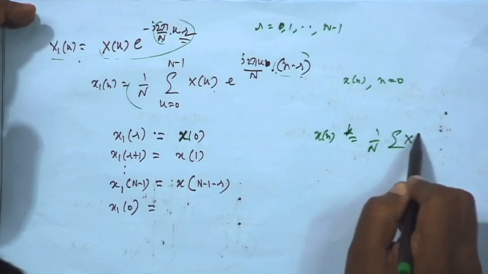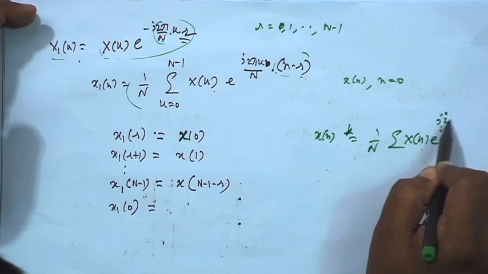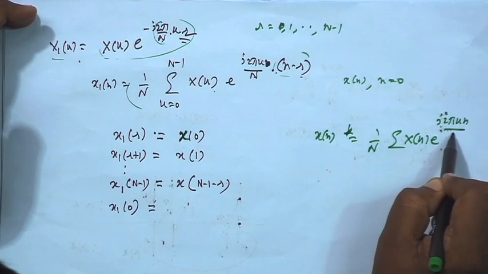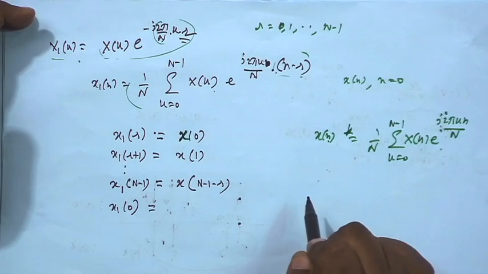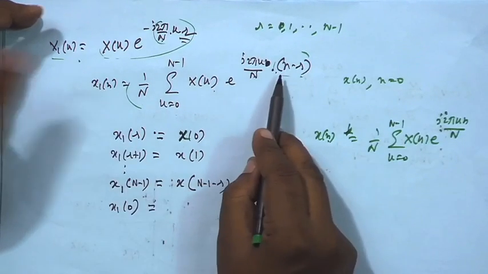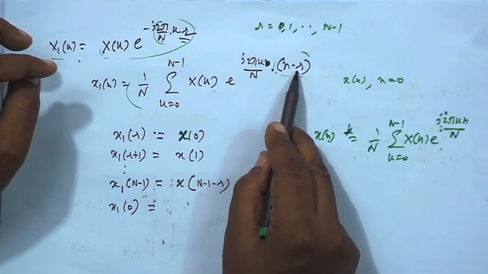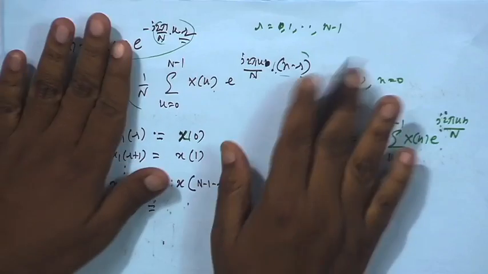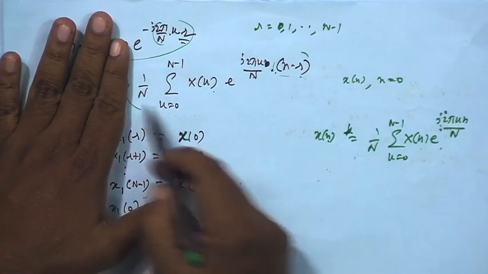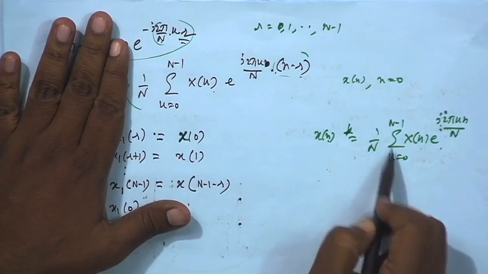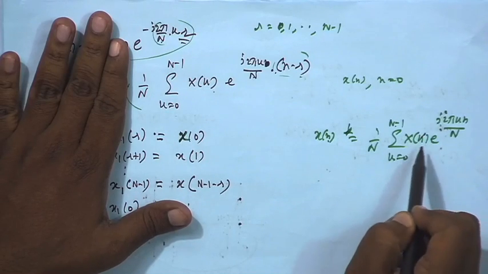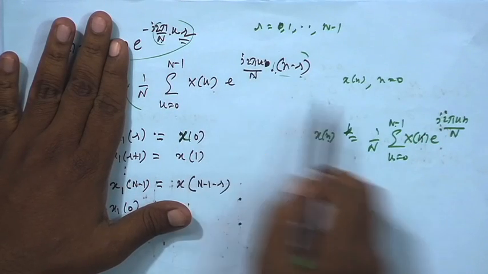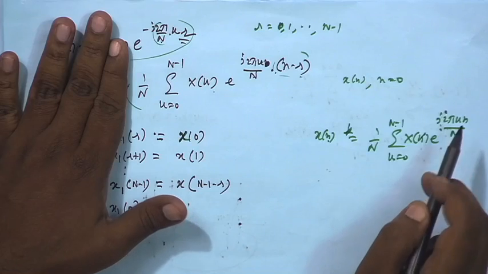That was x k e to the power j 2 pi k n by n summation over this. So, x 1 r means small n is r here, r minus r is 0. So, this summation is what? 1 by n, summation k 0 to n minus 1, capital X k, e to the power j 2 pi k by n, same here, all right.